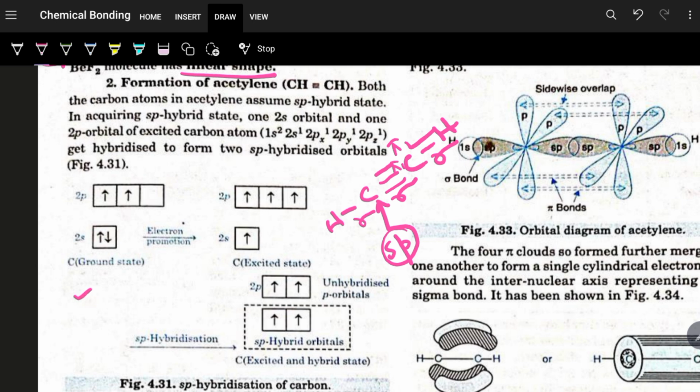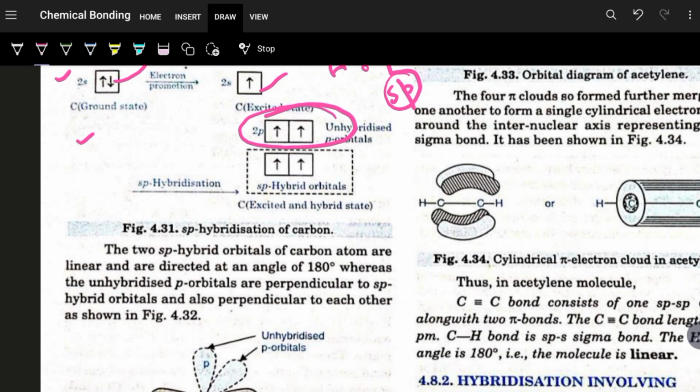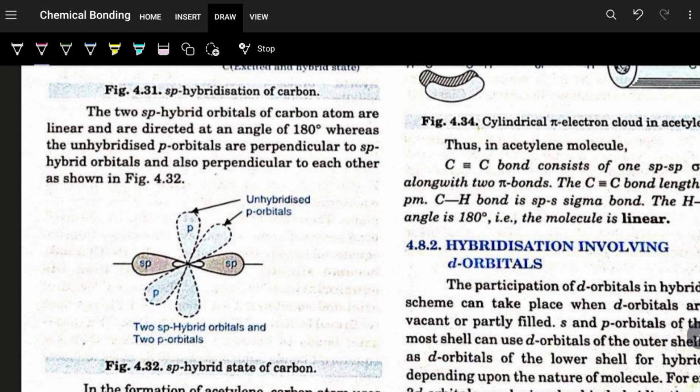Now carbon has this ground state electronic configuration, and this is the excited state electronic configuration. You have one hydrogen each, right? So you are having two unhybridized p orbitals which undergo pi overlap. This is each carbon atom having two sp hybrid orbitals, and these are the unhybridized p orbitals.